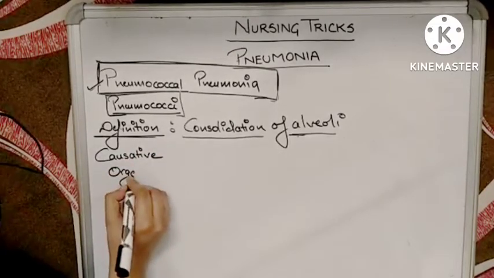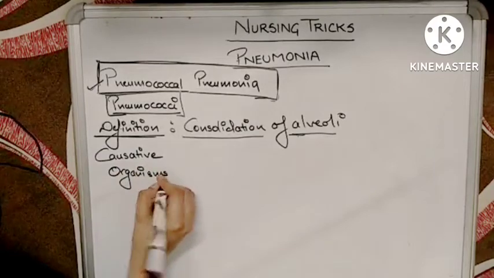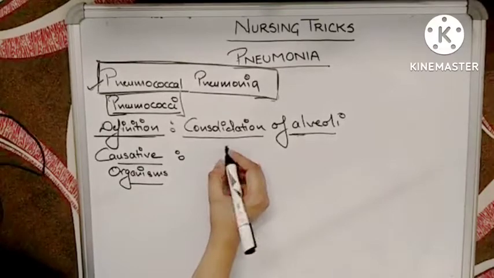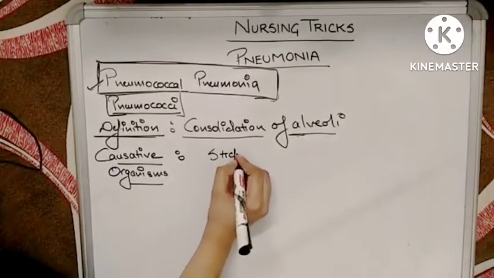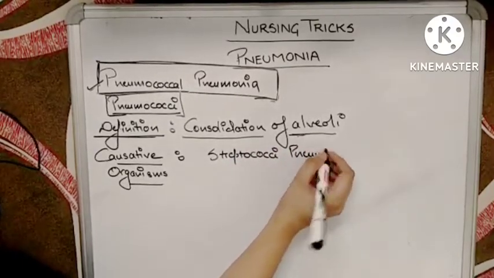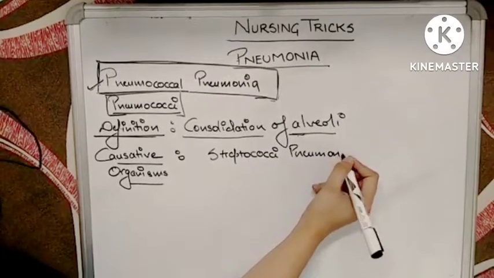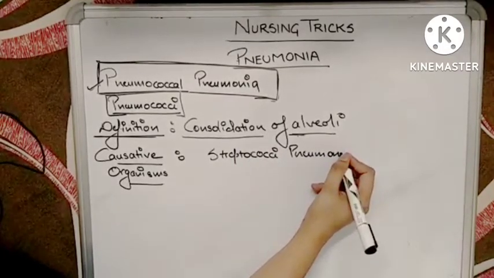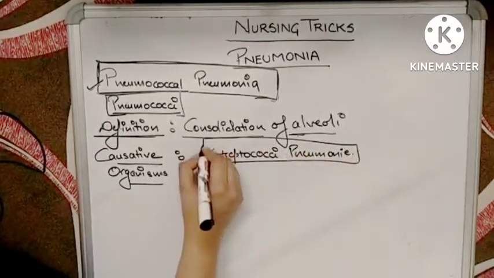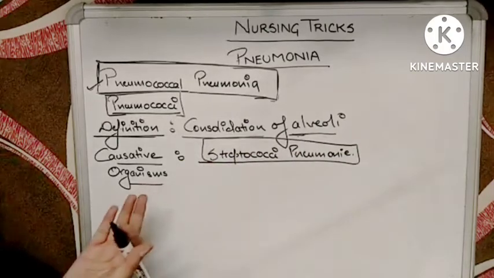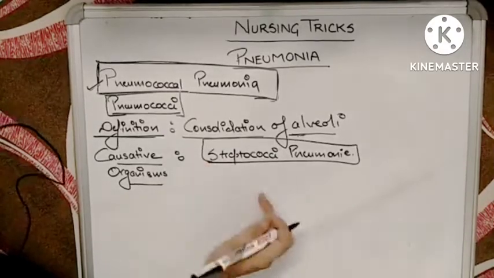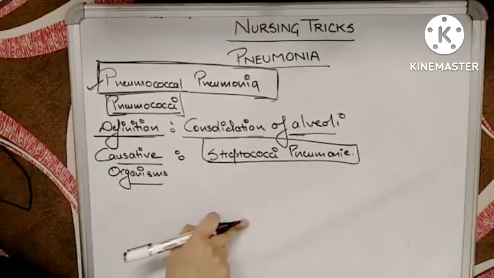So the word itself gives me a hint of the causative organism, Streptococcus pneumoniae. So this is the causative organism, and this respiratory infection caused by this particular organism is known as pneumococcal pneumonia.